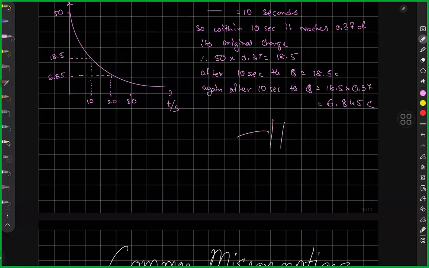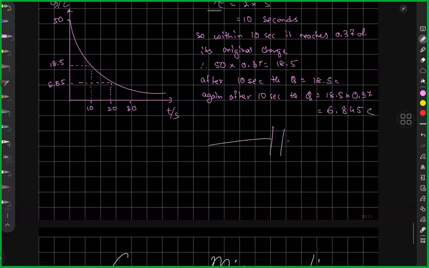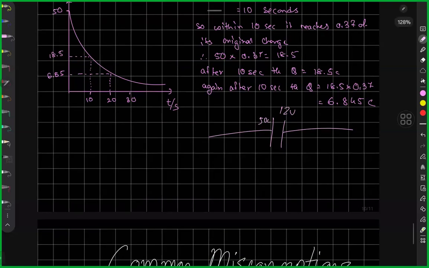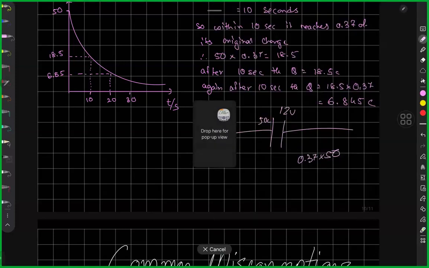If I have a capacitor with 12 volt, and let's say it holds 50 coulomb of charge, how long does this capacitor take to reach 0.37 times 50, or 37% of its initial value?